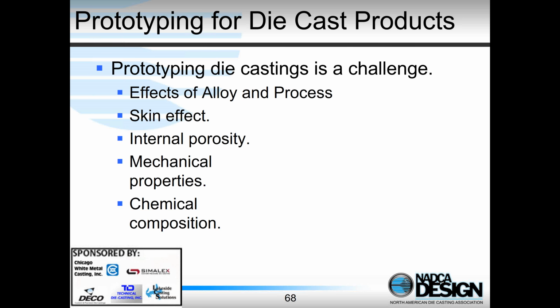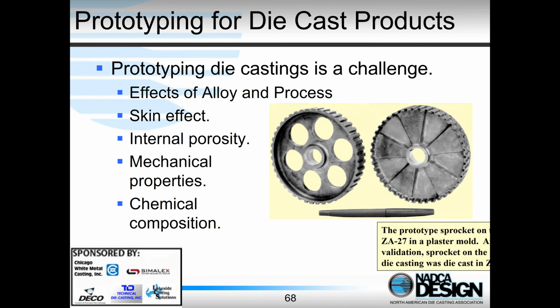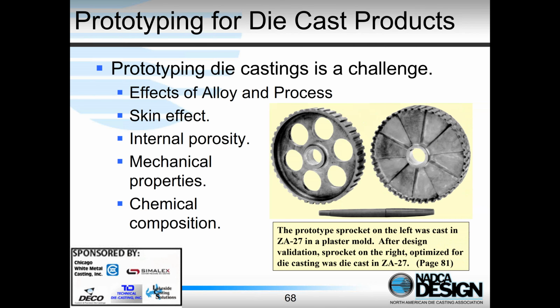We have the skin effect, and there's no other way to get the rapid cooling that we see on the surface of a die casting. We can't truly capture this with other processes. We also can't capture the distribution of internal porosity. So we can't truly reproduce the mechanical properties, but we can do a good job if it's just shape or chemical composition that we want.